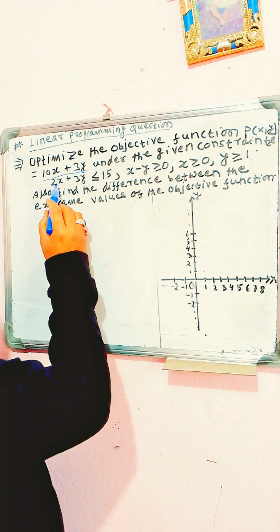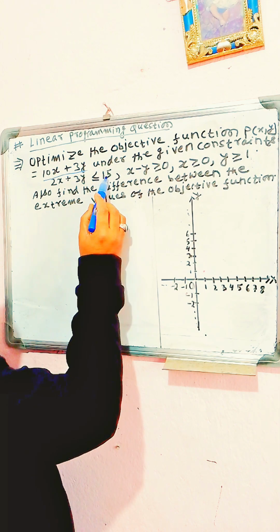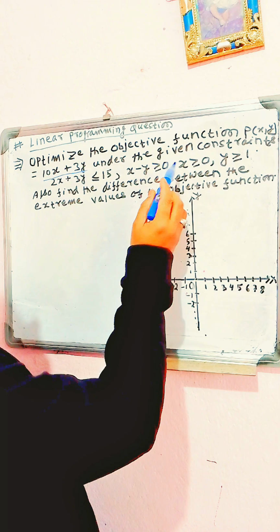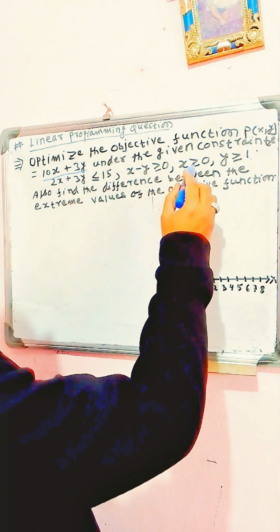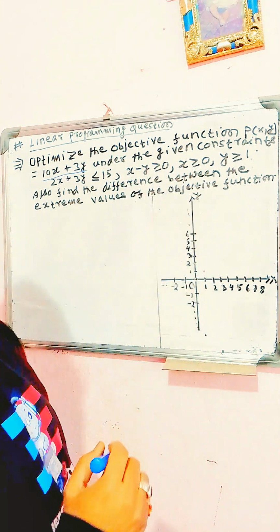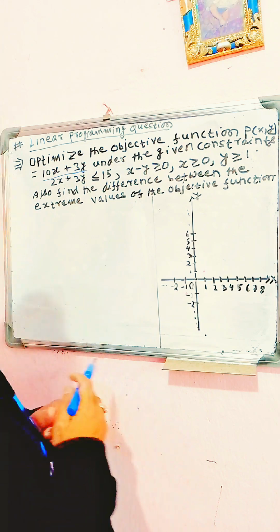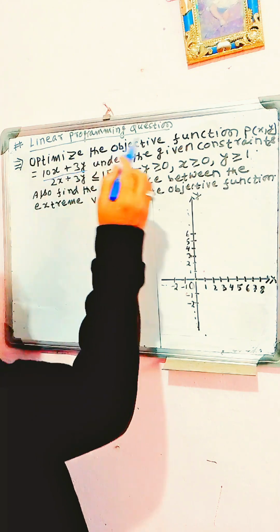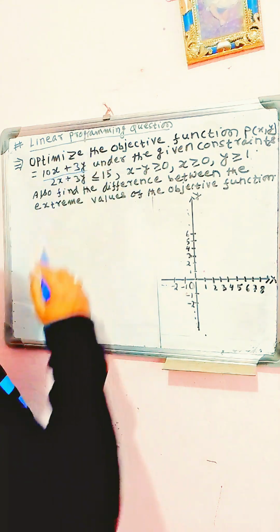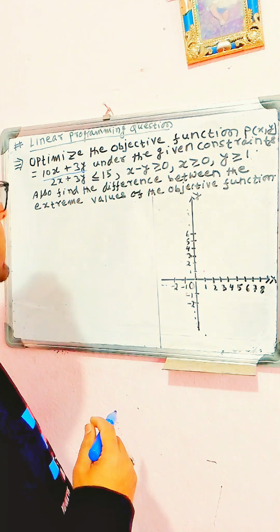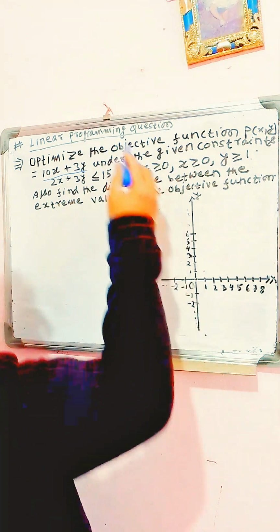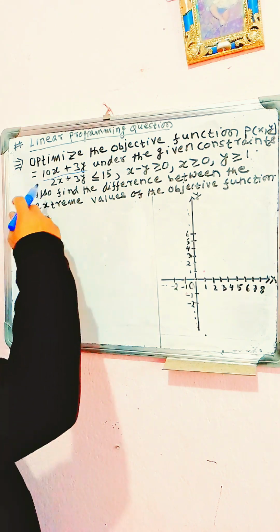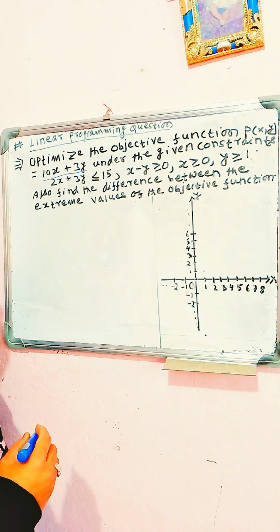The constraints are 2x plus 3y is less than or equal to 15, x minus y is greater than or equal to 0, x is greater than 0, and y is greater than 1. To solve this sort of problem, you should have the theoretical knowledge of linear programming. If I assume you have that, then let's go ahead in solving this problem.